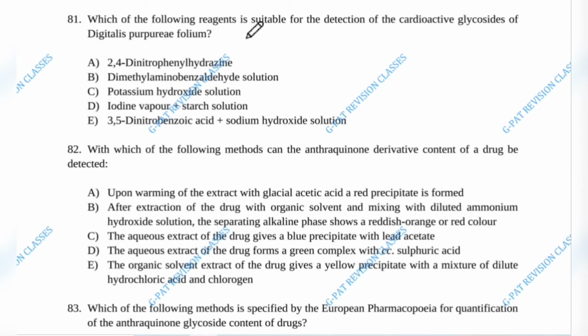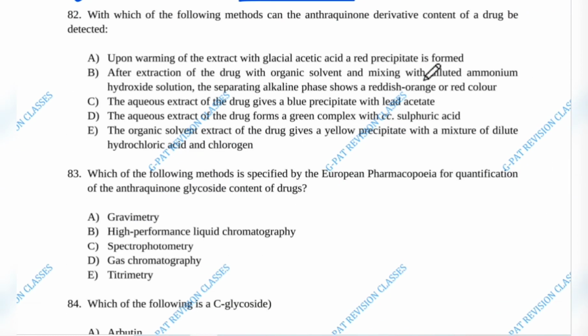Next is question number 81. Which of the following reagents is suitable for the detection of the cardioactive glycoside of Digitalis purpurea? The answer is E. 3,5-dinitrobenzoic acid plus sodium hydroxide solution. Okay. Next is question number 82.